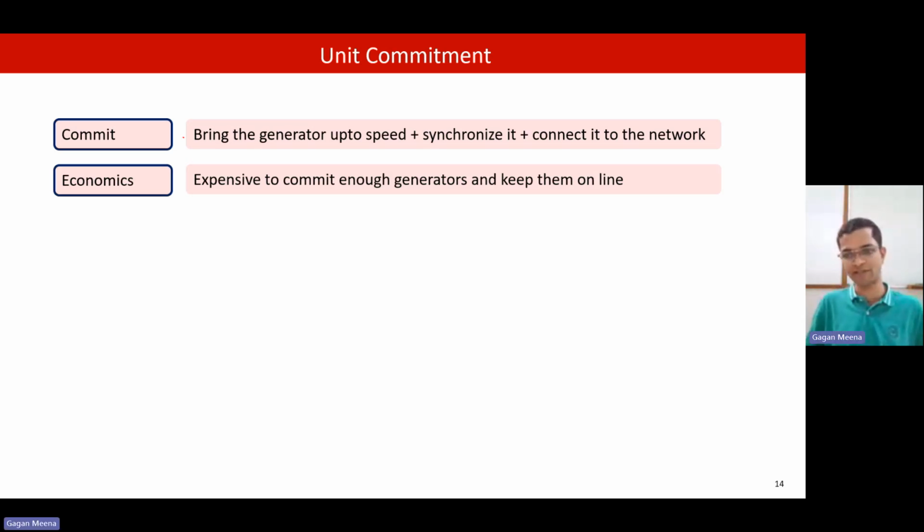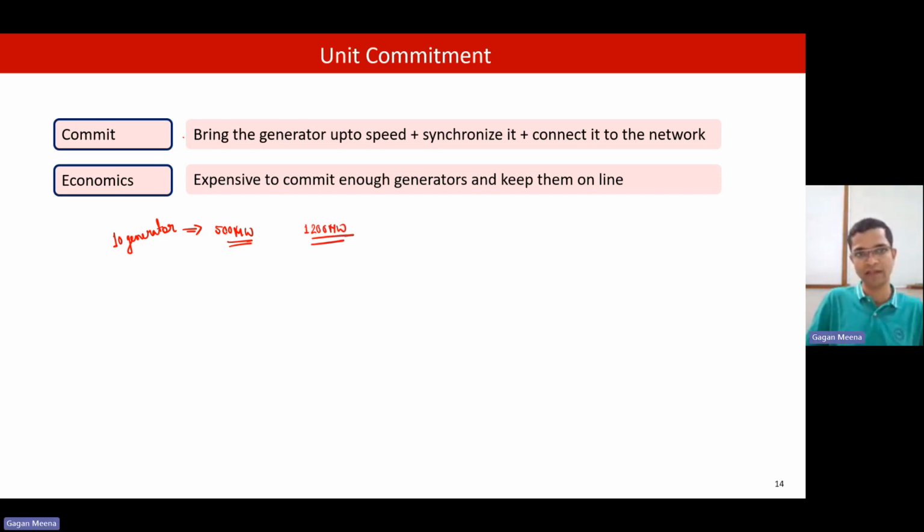Now, the economic solution: let's say we have 10 generators, with a minimum capacity together of, let's say, 500 megawatt, and a maximum capacity of 1200 megawatts.